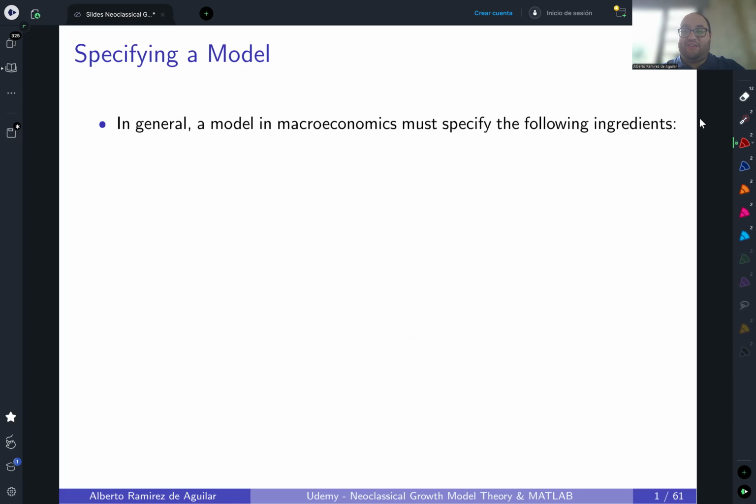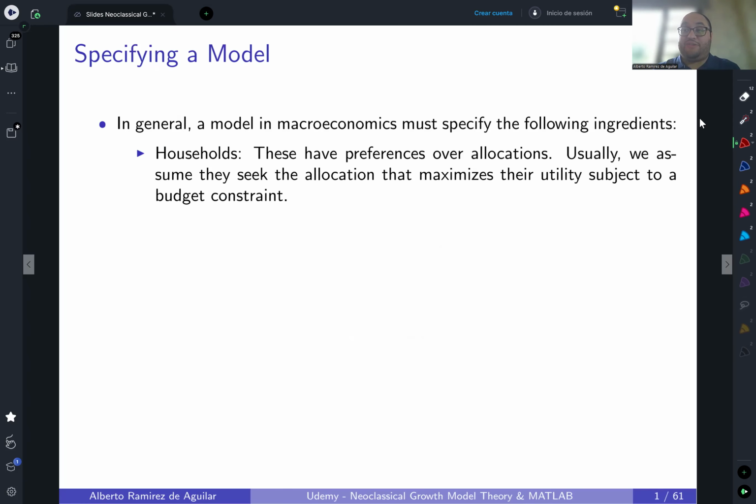On the one hand, we're going to have households, or agents or private individuals that are going to be living in this economy, and they are the ones that are going to be consuming, and they're going to be also providing labor, and they're also going to be the ones that own capital and own everything in the economy. So these households are the main ingredient of most of the macroeconomic models.